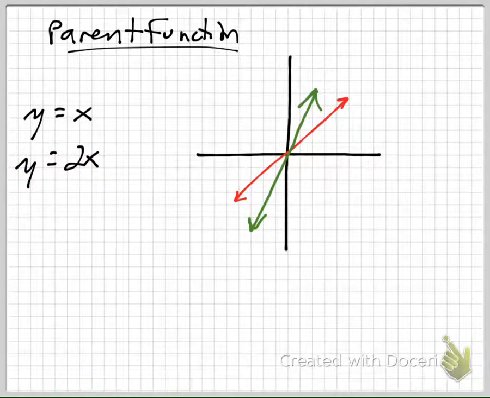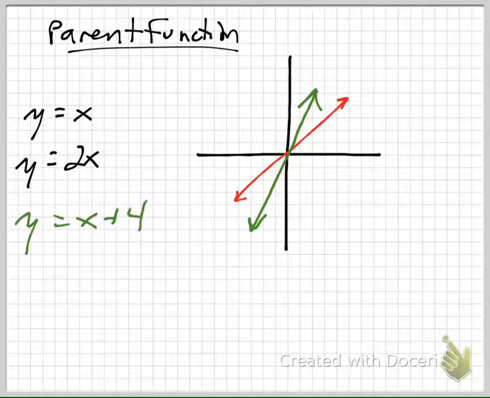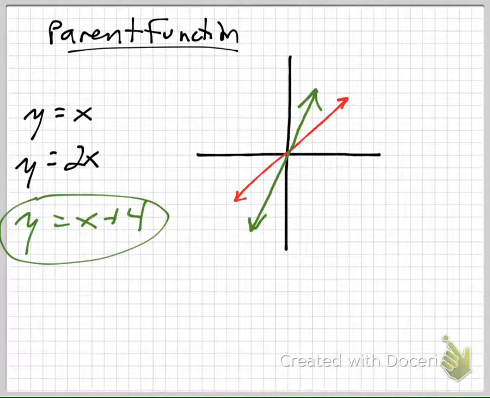If I had another one, and it was y equals x plus 4, what's the difference between this and the parent function? Everything is exactly the same except it's shifted up 4, right? So then everything's identical except it is up 4.